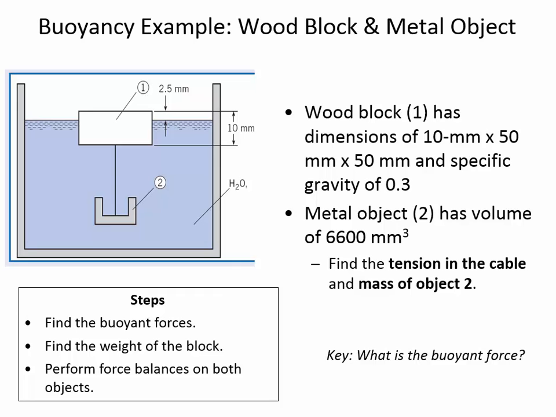And then there's a weight acting downward. And that's the weight of object 2. Okay. In equilibrium, everything's going to be balanced out. So the weight of object 2 will be in equilibrium with the tension plus the buoyant force on object 2.